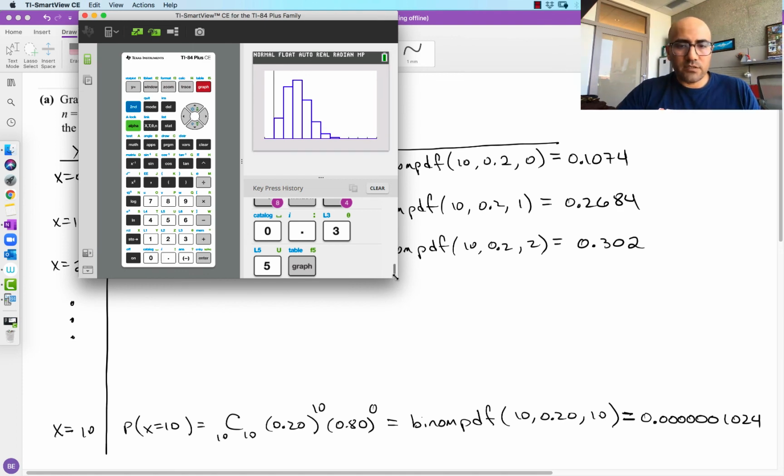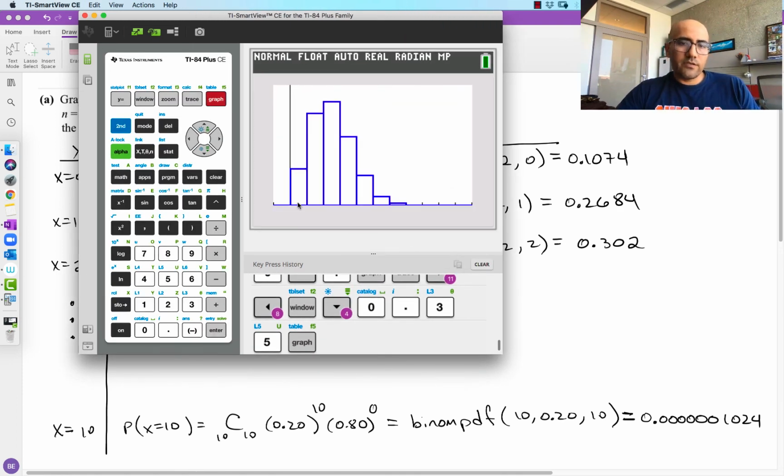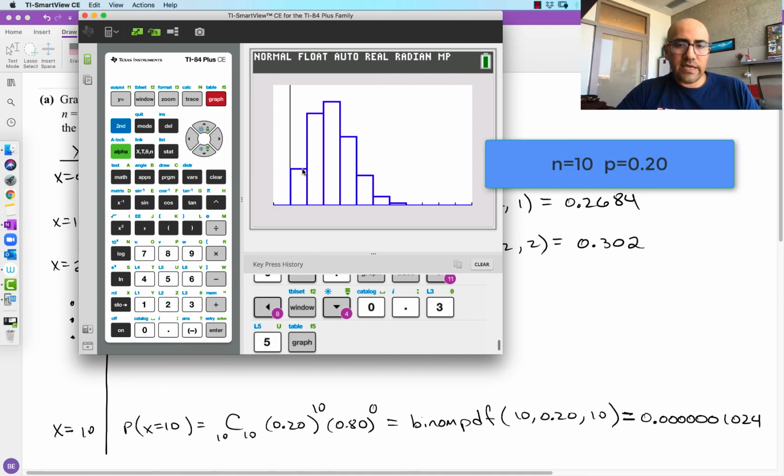Okay, let me adjust this a little bit over here. Okay, so the value of this picture is that we get to see a sense of the overall picture of what's happening, without necessarily focusing on the individual values. From here we can see that when x is a small value like 0, 1, 2, 3, there's very high likelihood that we get results in that area.